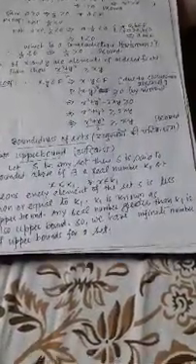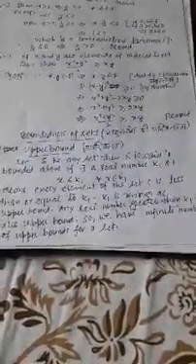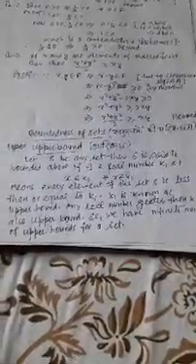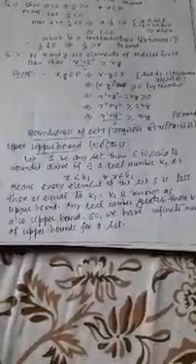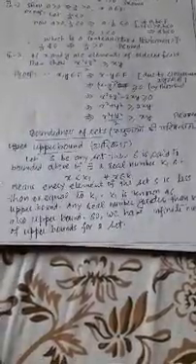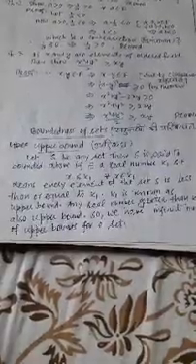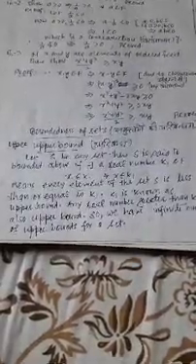Transferring 2xy to the right side, we have x square plus y square greater than or equal to 2xy. Dividing both sides by 2, because 2 is a positive number, the direction of the inequality will not change. So x square plus y square upon 2 is greater than or equal to xy. So this is a complete proof of the third theorem.